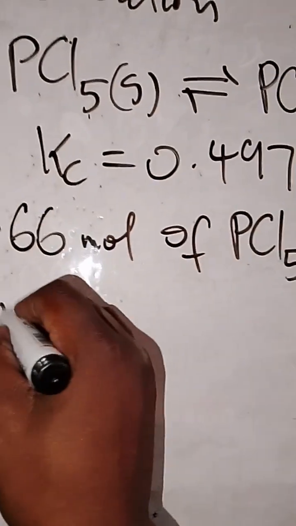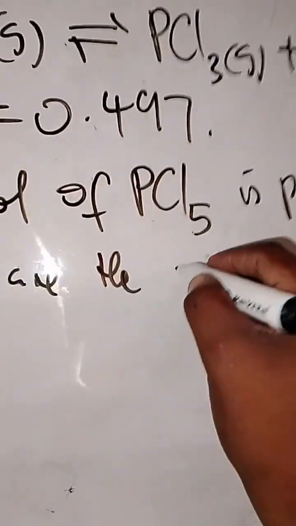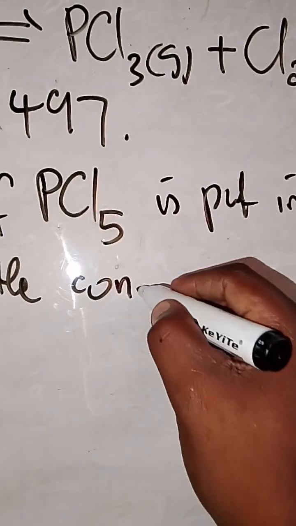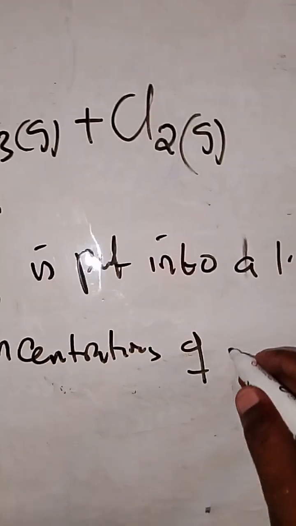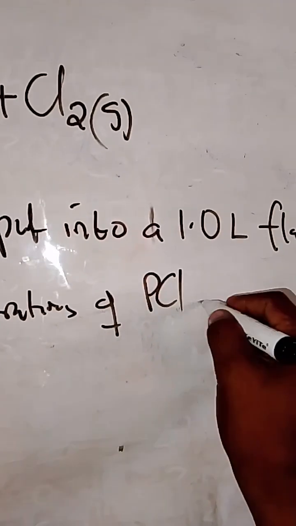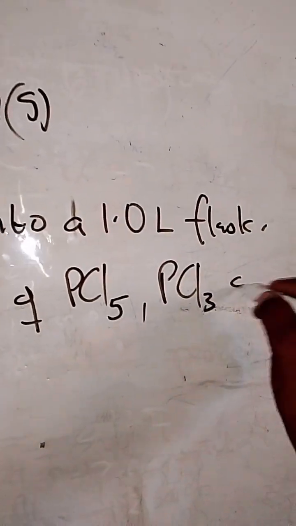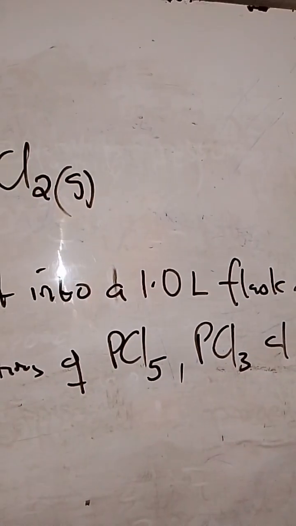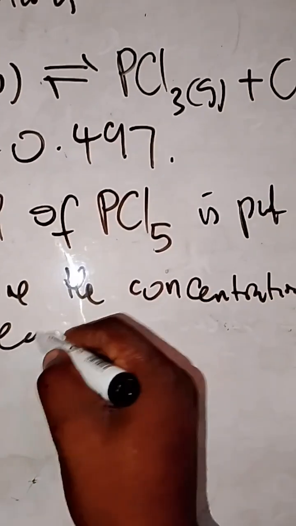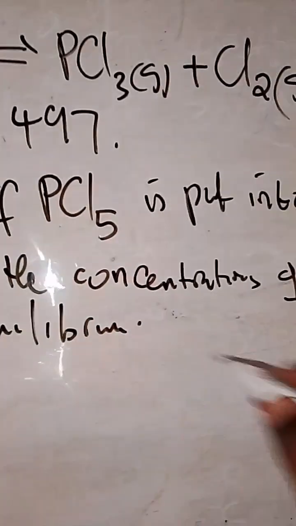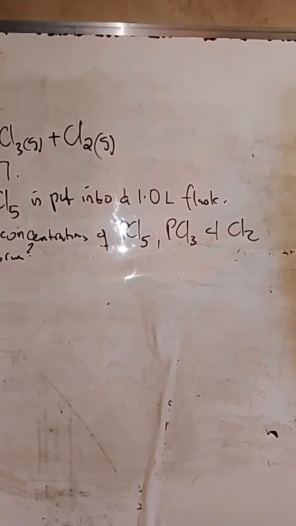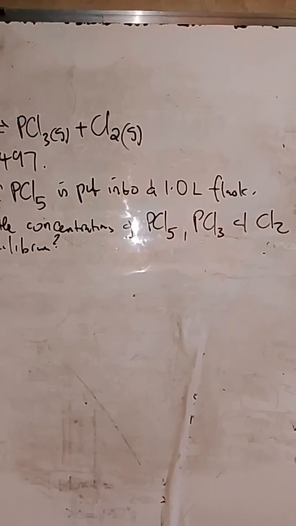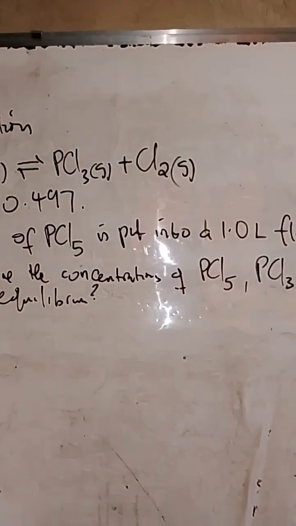What are the concentrations, or equilibrium concentrations, of PCl5, PCl3 and chlorine at equilibrium?